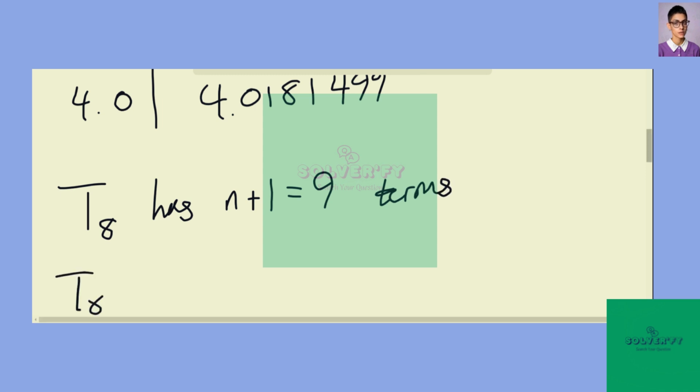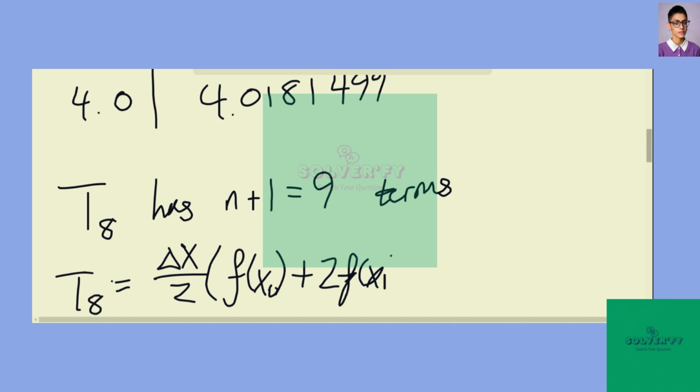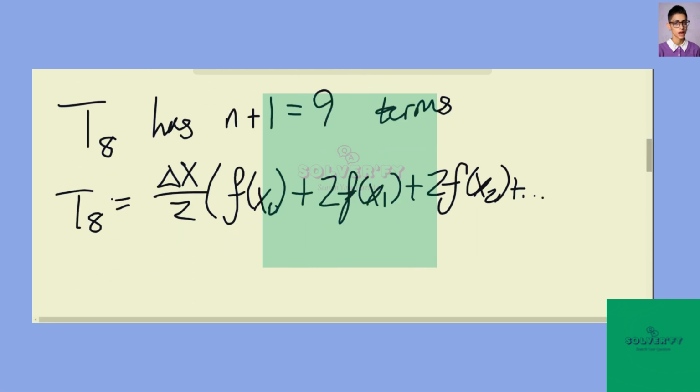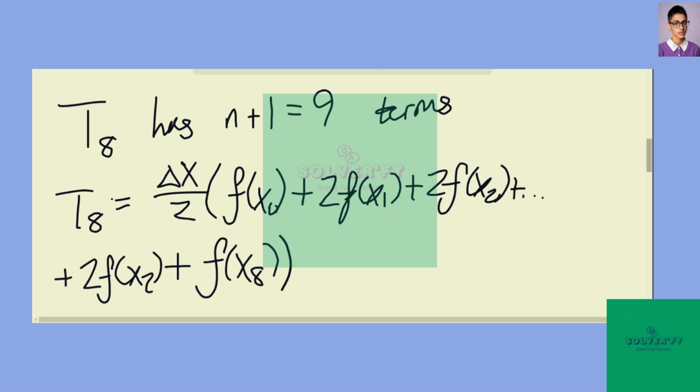T8 is equal to the interval length delta x over 2 times f of the first point x0, which is 0, plus 2 times f of x1, plus 2 times f of x2, and we continue in this fashion all the way up to 2 times f of x7, and then plus just 1 times f of x8, which is 4.